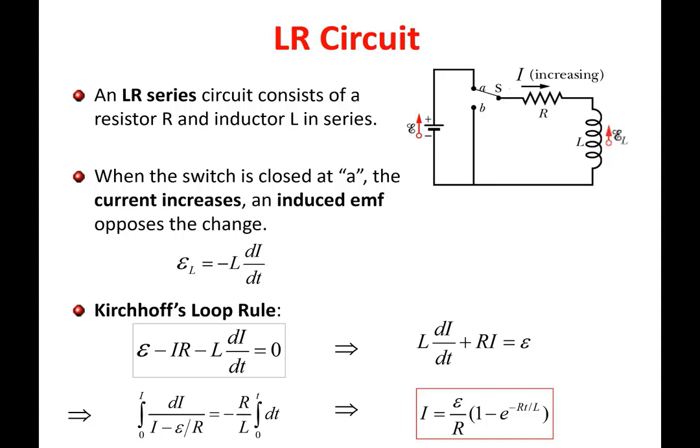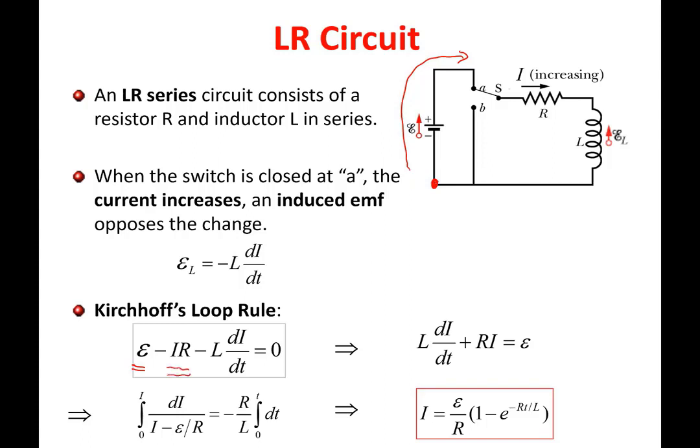And to analyze this circuit, we can use Kirchhoff's loop rule, where we begin our analysis by choosing a point in the circuit. I'll choose the point which is at the lower left, and then we're going to step around the circuit in the clockwise direction, and this will follow the current around the circuit. So applying Kirchhoff's loop rule, we first encounter a potential gain of plus E, and then a potential loss across the resistor of IR.